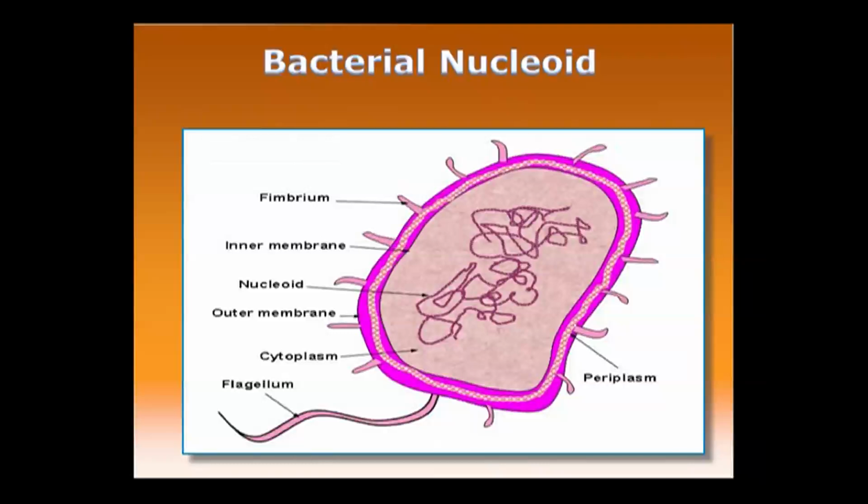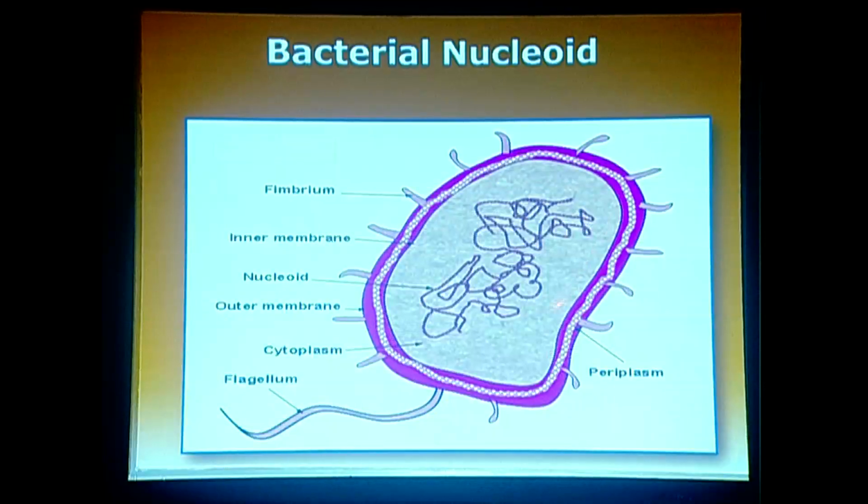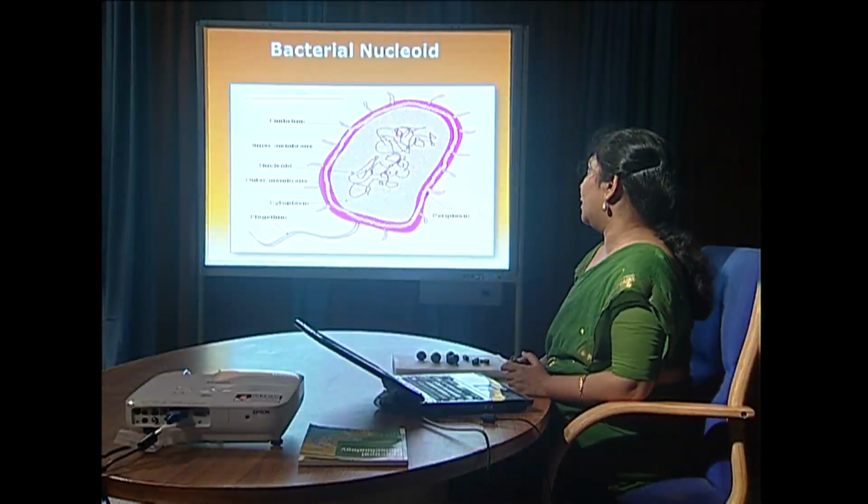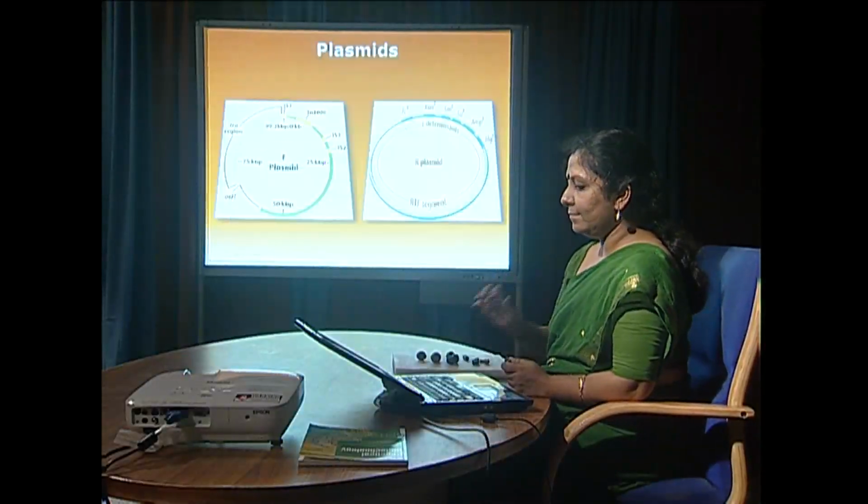That's why it is called prokaryote, and that distinguishes it from a eukaryotic nucleus, which has a particular membrane that is absent in prokaryotes. So, this is the picture of the nuclear material, the nucleoid in prokaryotic bacteria.